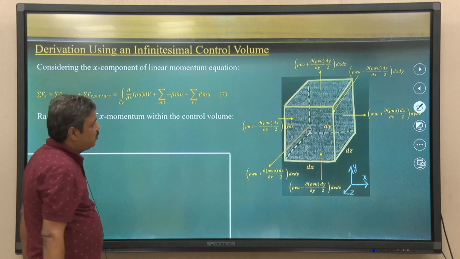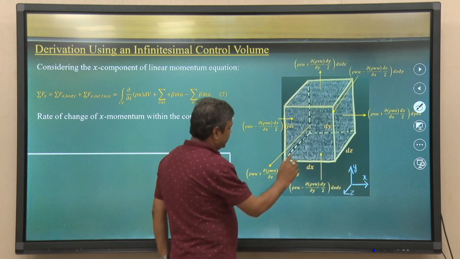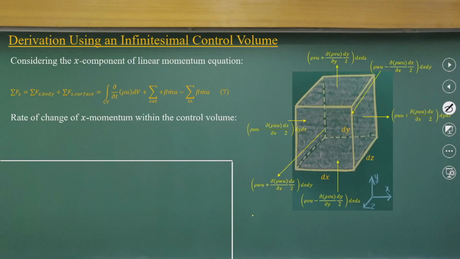Before going to the next part, again I will tell you, any stress component like sigma xx, please remember, is also a function of space and time. So we can use the Taylor series and the continuum hypothesis to consider the stress components also as functions of space and time.